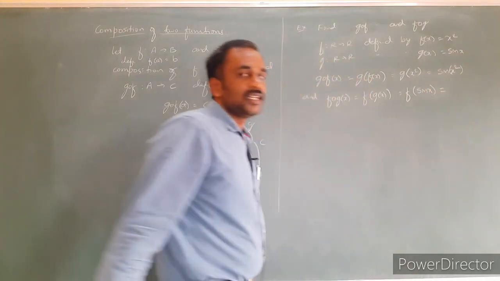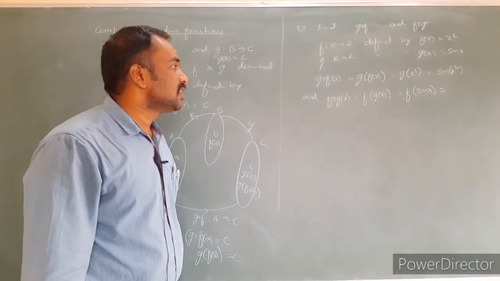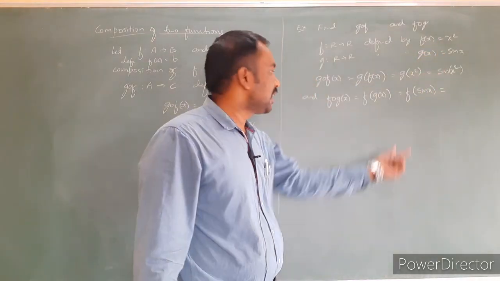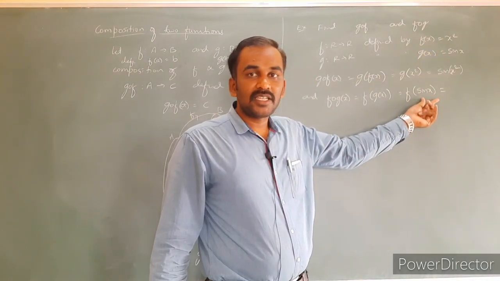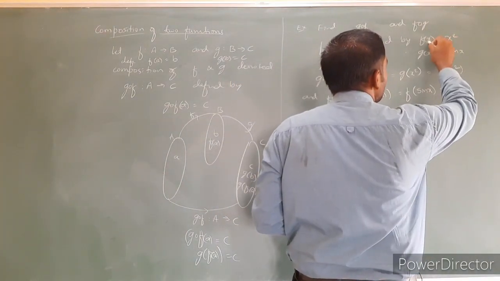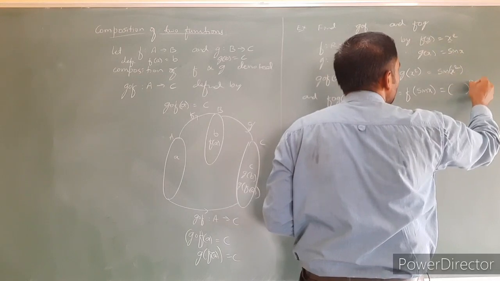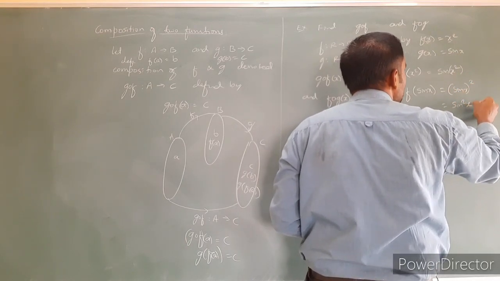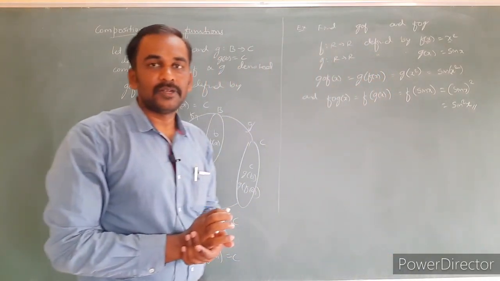Sin of X. Now here F of sin X is there. We already know F of X is equal to X square. In place of X, sin X. What can we write? X square, in place of X sin X, that means sin X whole square. This we can write as sin square of X. Are you sure about this one?